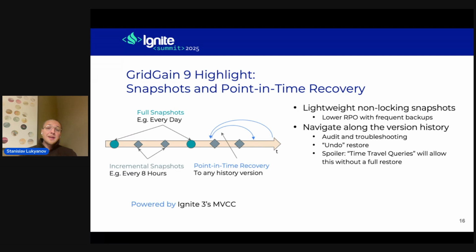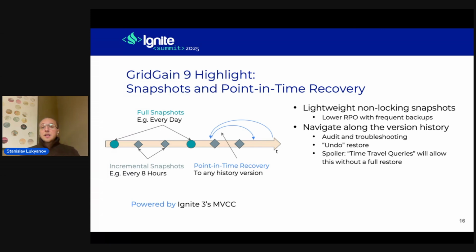An incremental snapshot is a delta between your previous snapshot or your previous copy and what is in the database now. And then we also have the point-in-time recovery feature. Point-in-time recovery allows you to restore not just to a point in time when you had your snapshot, but also to any point in between snapshots, as long as you have your history preserved.